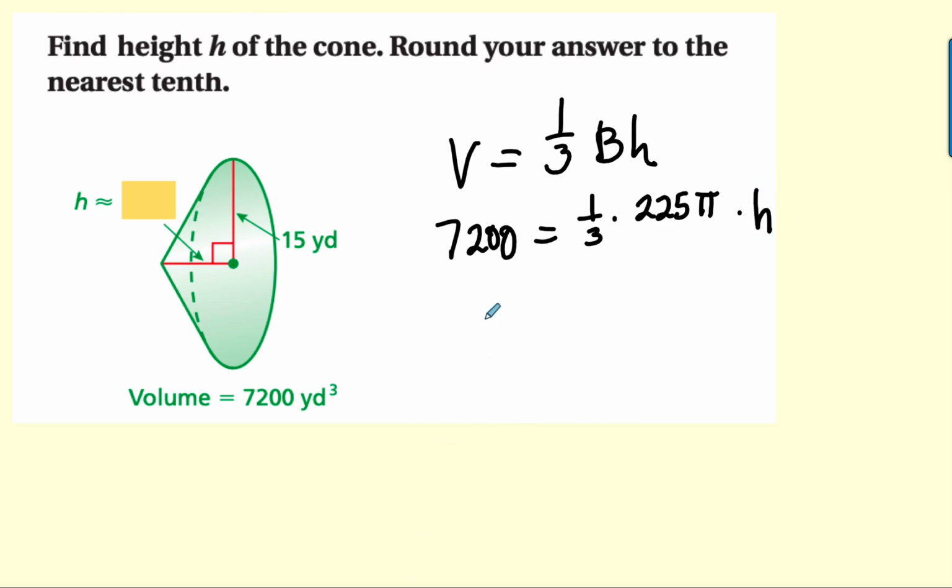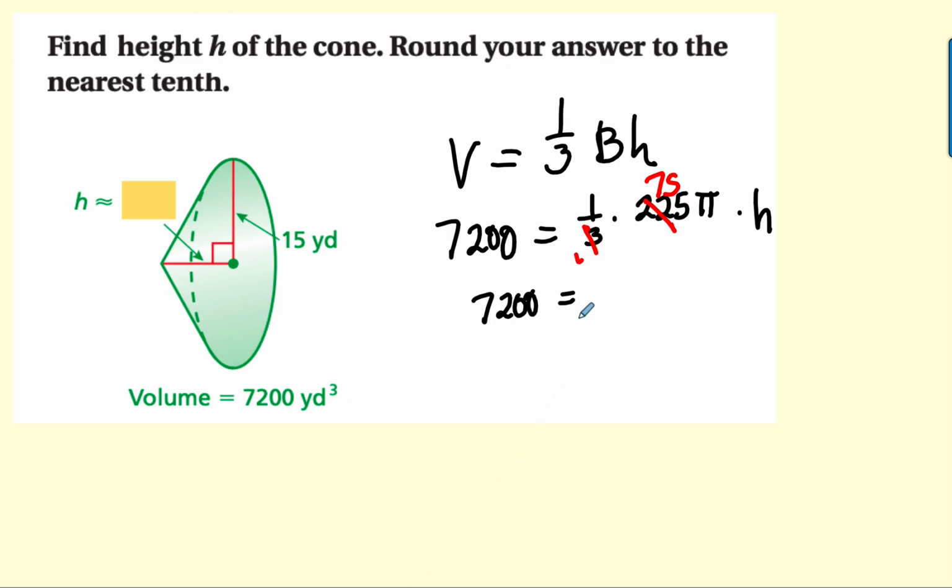Now I can reduce here. 225 divided by 3. So this is 1 and this is 75.